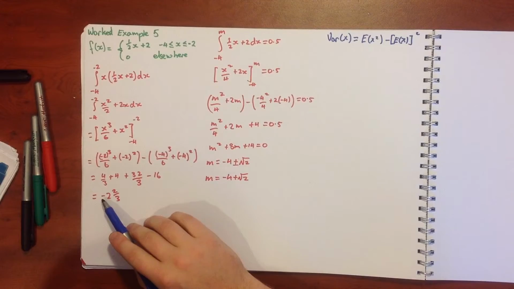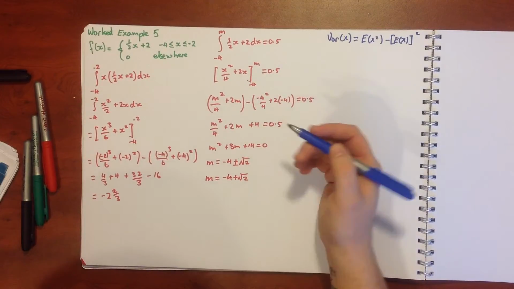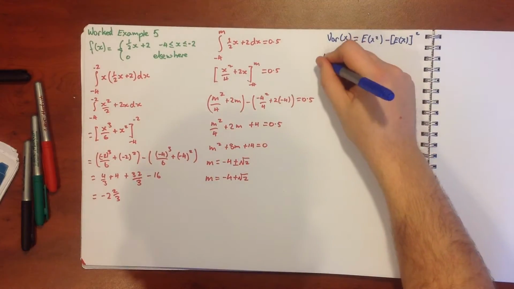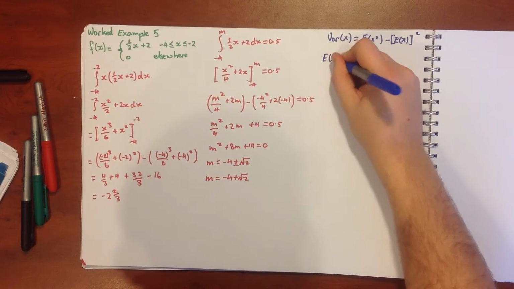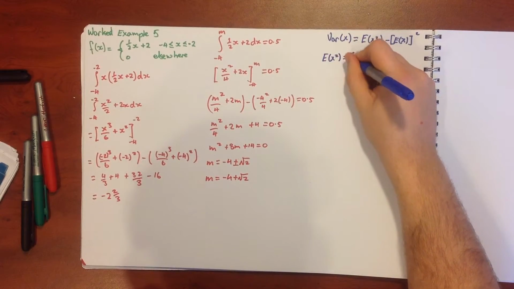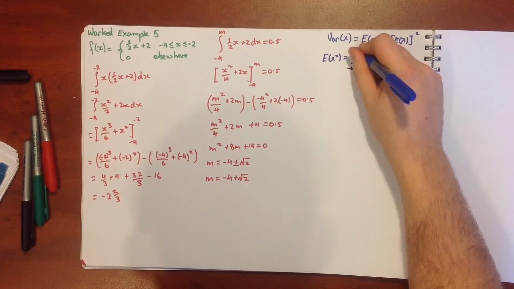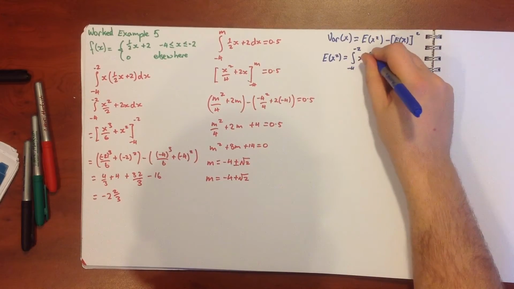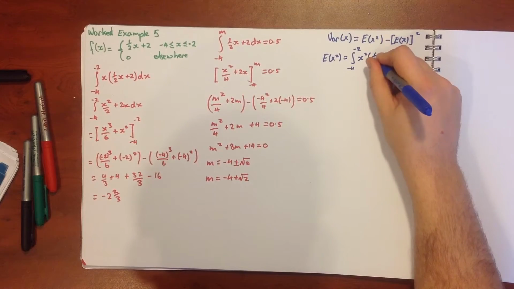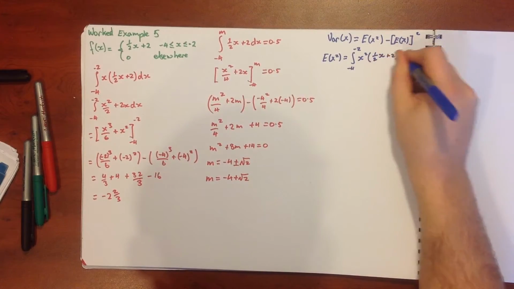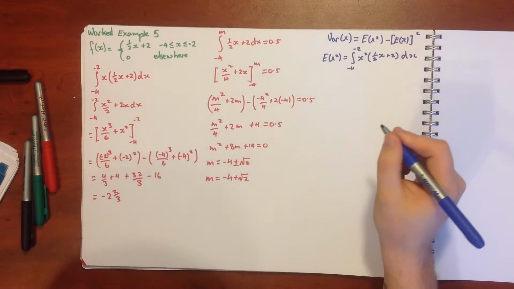So we need to find E of x squared. E of x squared is equal to our integral from negative 4 to negative 2 of x squared times (1/2 x + 2) dx.